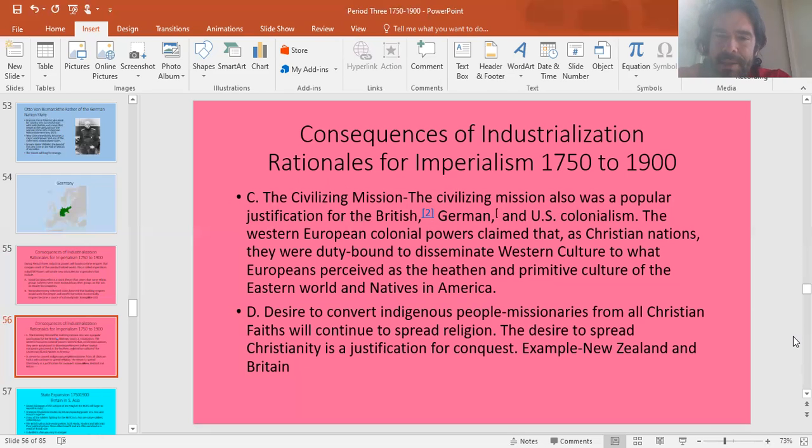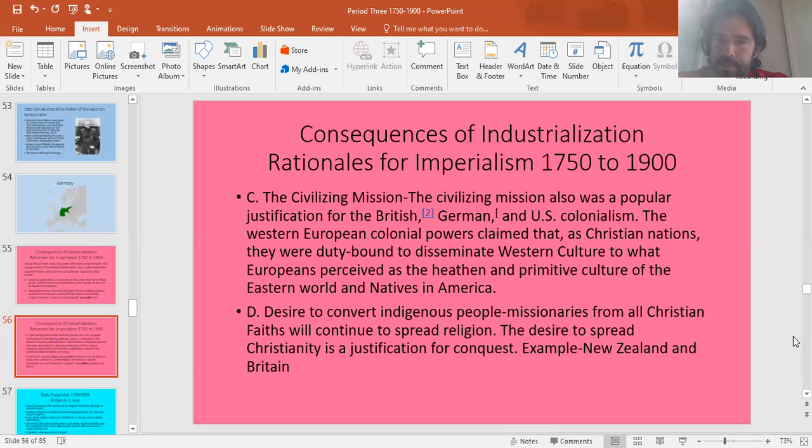One of these places is the British in New Zealand. New Zealand is a set of islands off the coast roughly of Australia. And the first British colonizers to go to New Zealand in large number were missionaries attempting to convert the native people.